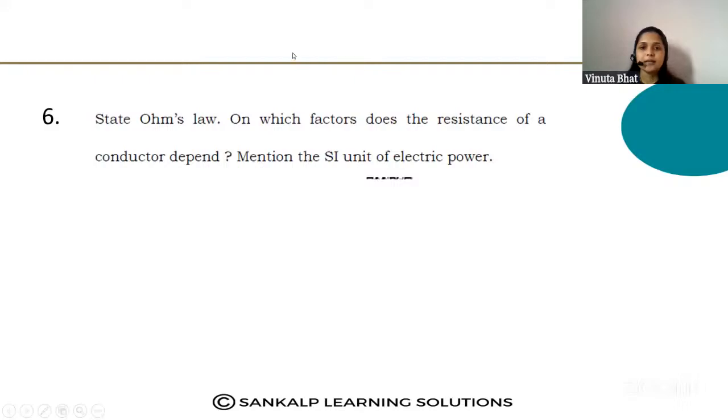Next question. State Ohm's law. On which factors does the resistance of the conductor depend?